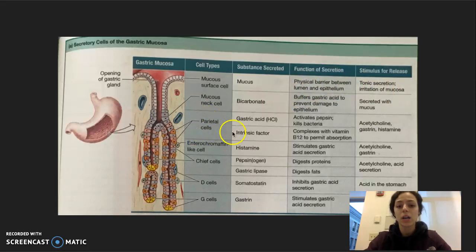Parietal cells, like we talked about, secrete HCl and intrinsic factor, and they're stimulated by acetylcholine, gastrin, and histamine, and they activate pepsin and kill bacteria, things like that.